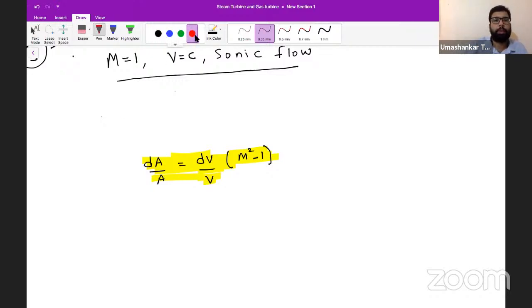Now see. If M is equal to 1, as in this case, can we say dA is equal to 0? With simple mathematics, we can say if M is equal to 1, dA is equal to 0. Yes or no?